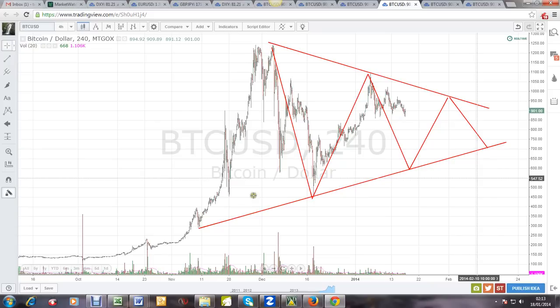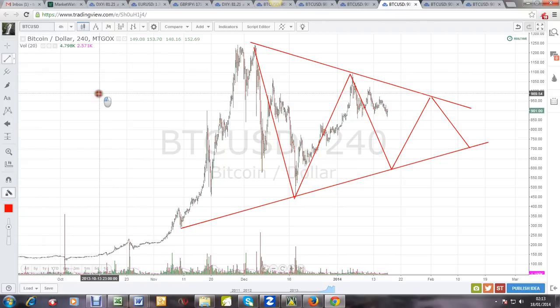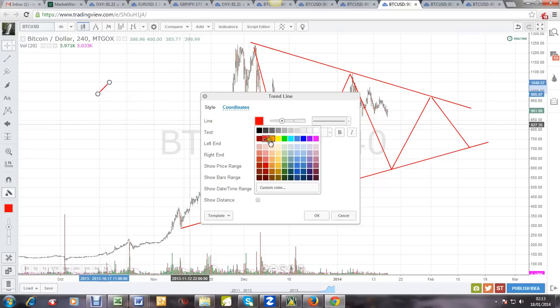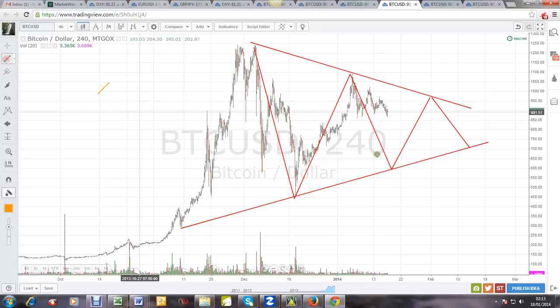If what he's suggesting is going to be here, then this is what I could see happening. So if I change the color and make that one a different color, what I'm saying now is we are expecting this to go back up, right?